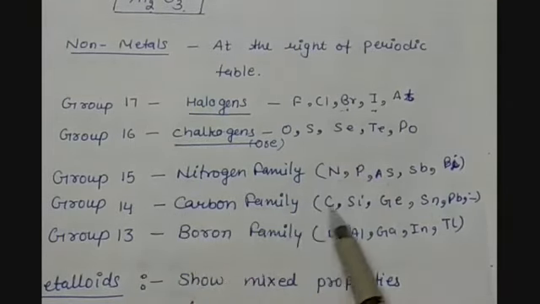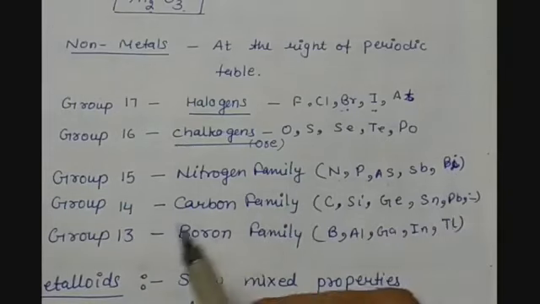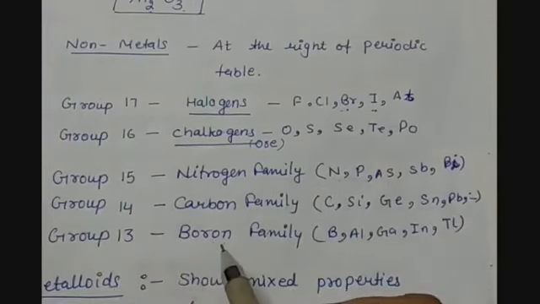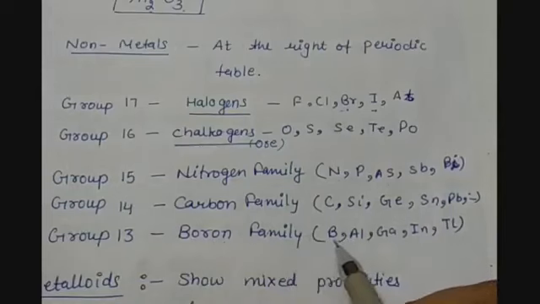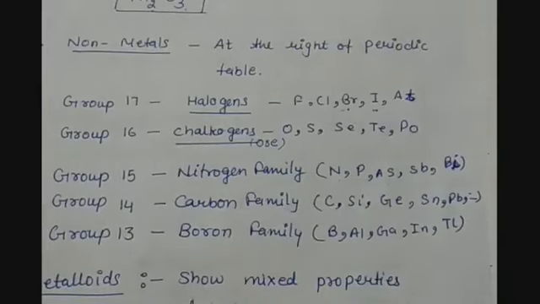In carbon family we have carbon, silicon, germanium, tin and lead. In group number 13 we have boron family. Boron family is having boron, aluminium, gallium, indium and thallium. So these are all non-metals which are having 5 groups in total from 13 to 17, and the families are boron family, carbon family, nitrogen family, chalcogens and halogens.